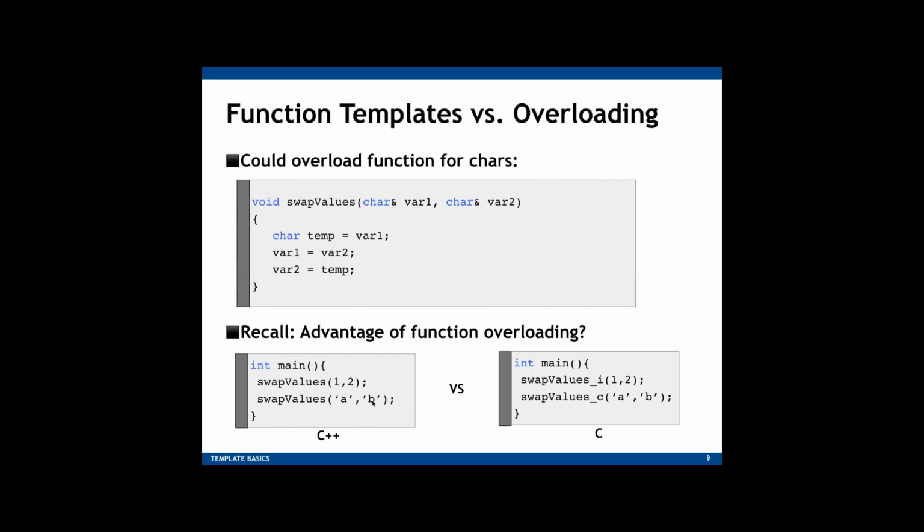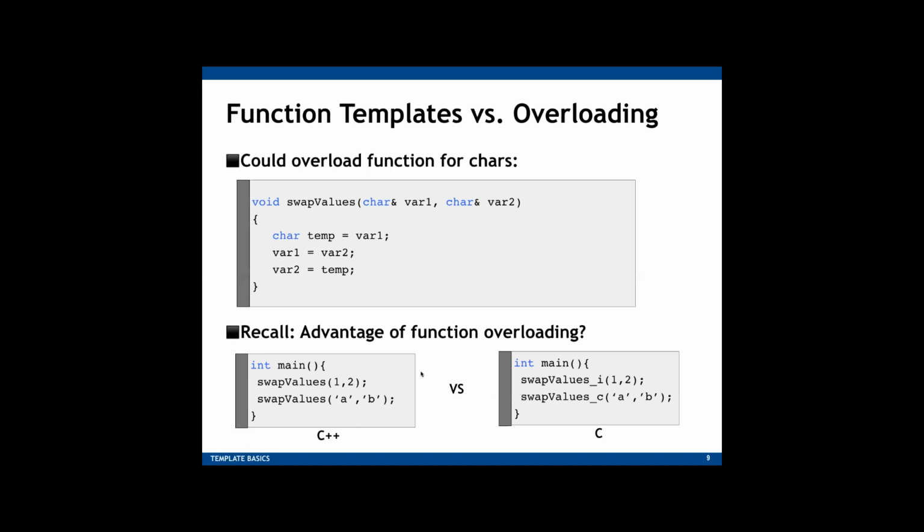But this is not possible with the C programming language. We learned that because there is no function overloading feature in C, you have to develop different functions for dealing with int type and character type. Shown here, these two are different functions because the names are different. One ends with I and this one ends with character. So this function deals with integer values and this function deals with character values.